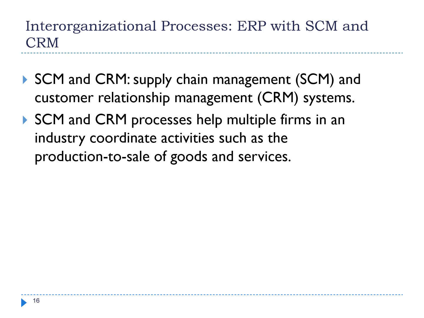These processes are called inter-organizational processes, and they typically involve supply chain management, or SCM, and customer relationship management, or CRM, systems. SCM and CRM processes help multiple firms in an industry to coordinate activities such as the production to sale of goods and services.